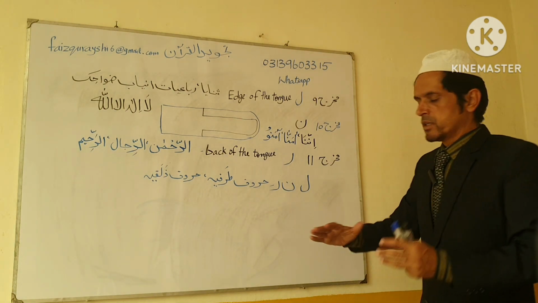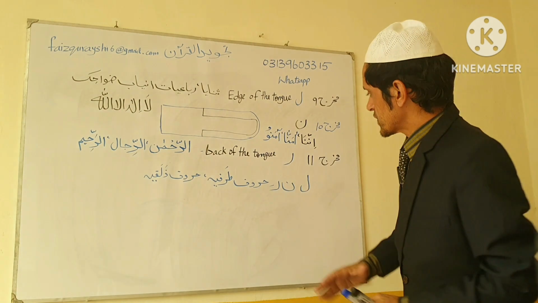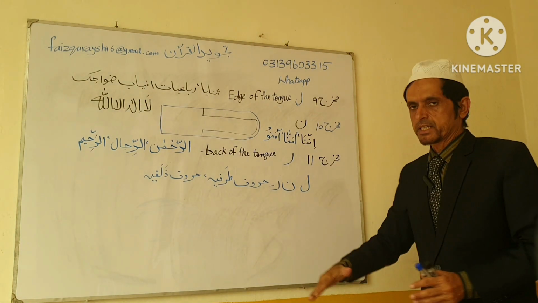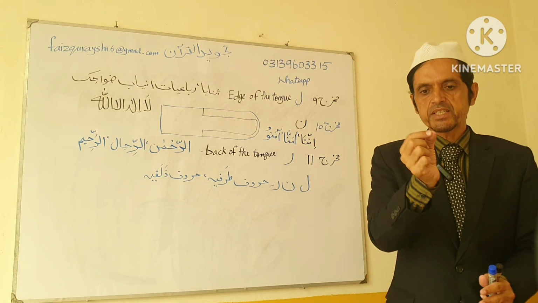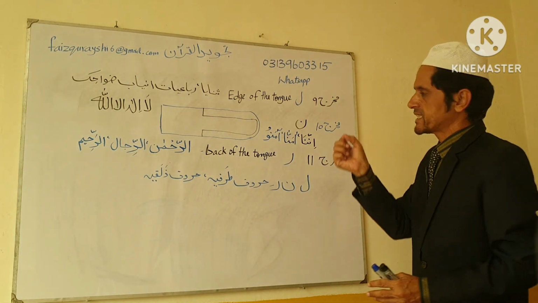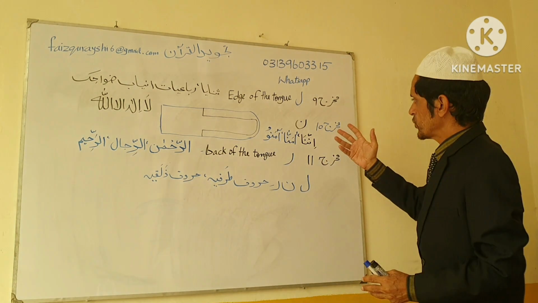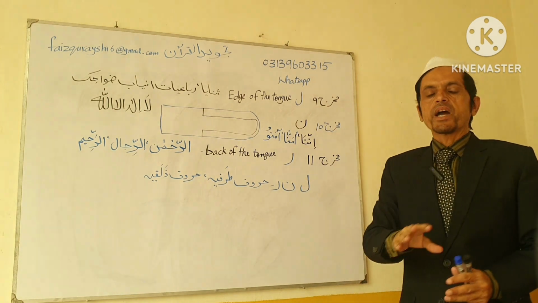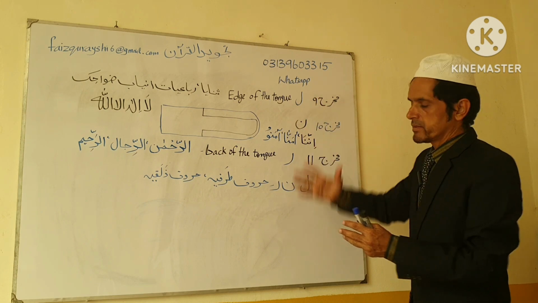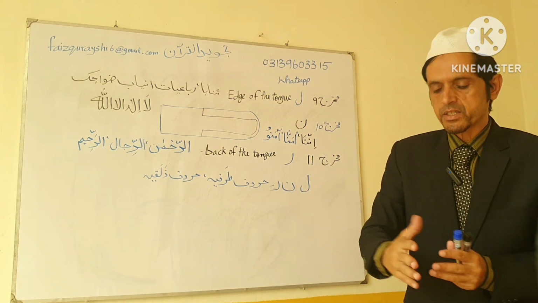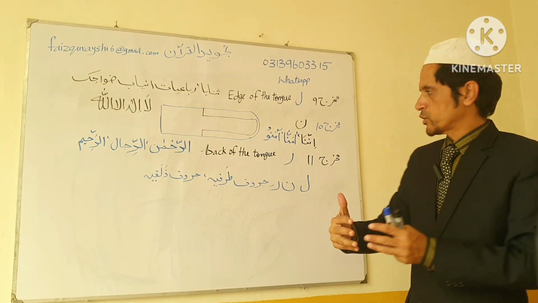So these three letters have different articulation points, but the difference is, you can say, a tiny difference between them. They have different articulation points, but they are near to each other.